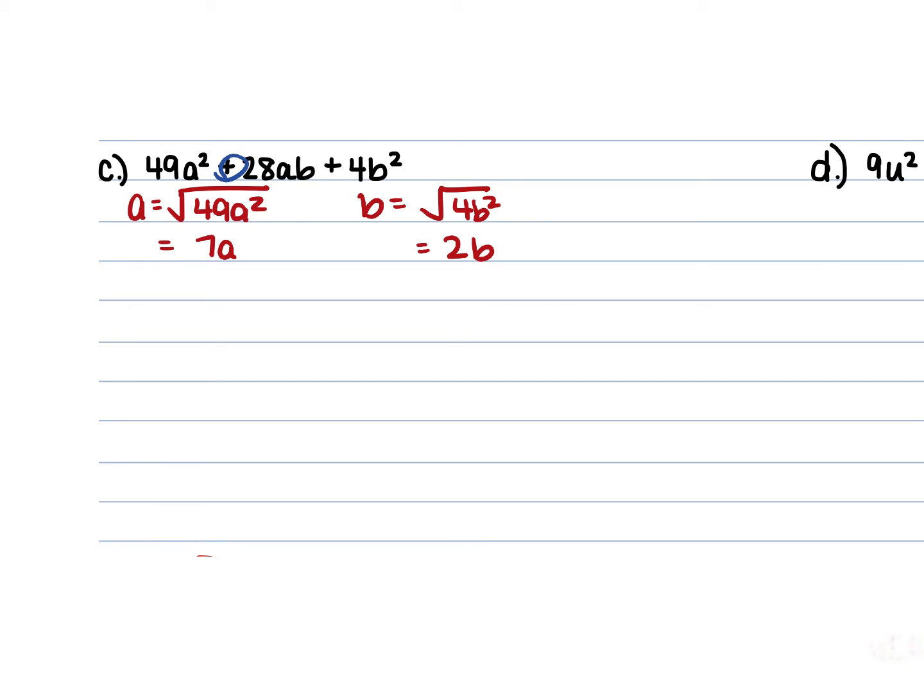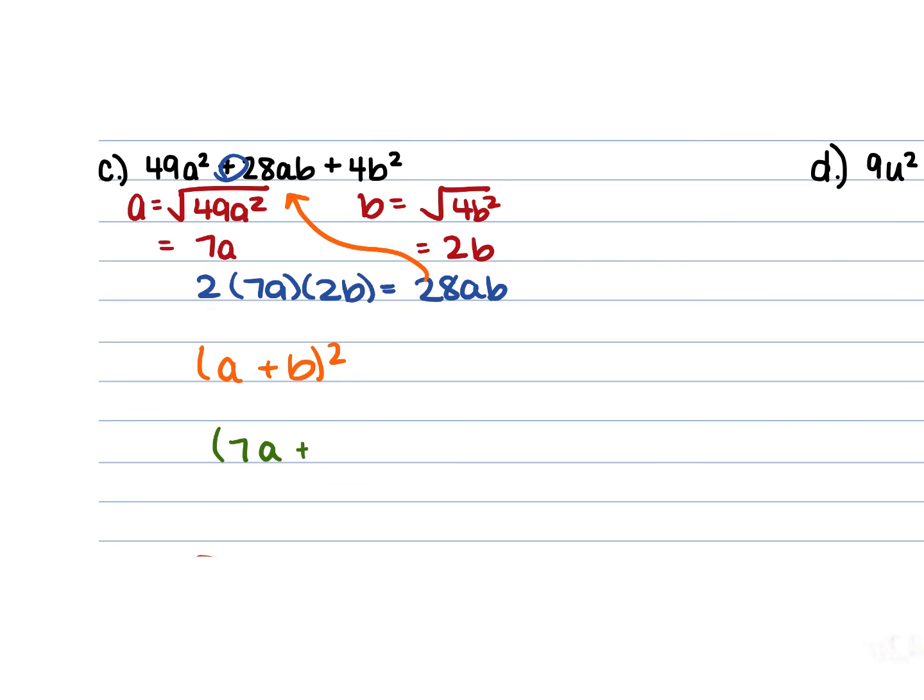Our sign for our middle term is positive, so if we do positive 2 times 7a times 2b, the 2 times 2 is 4 times 7 is 28ab. That is the same exact thing as that middle term, so we can factor this using a plus b squared. Our a we said was 7a. Our b we said was 2b. So that's just 7a plus 2b all raised to the second power.